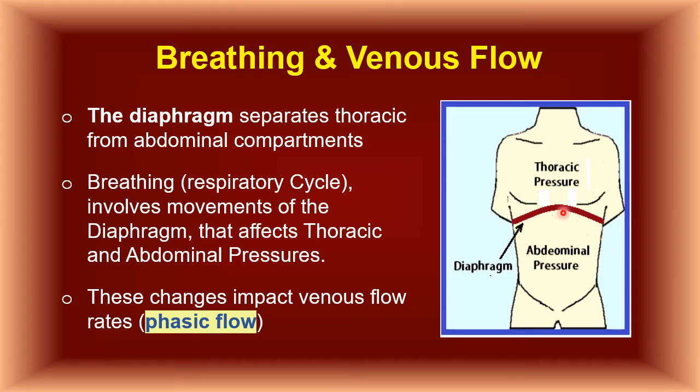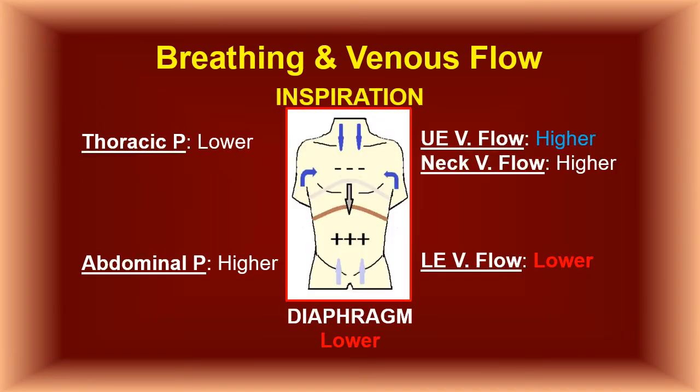This will change the thoracic pressure and abdominal pressure. This movement of the diaphragm is the main factor responsible for what we call phasic flow. Phasic flow happens in the venous circulation because of this movement of the diaphragmatic muscle. So what happens in inspiration, or inhaling?